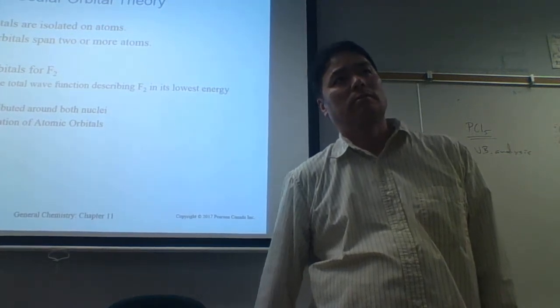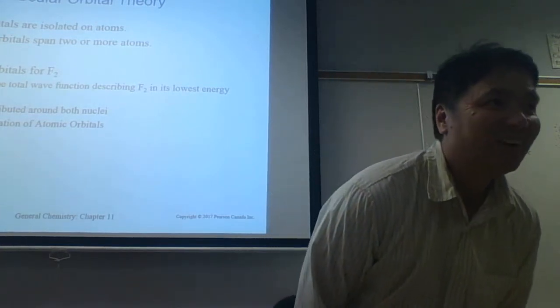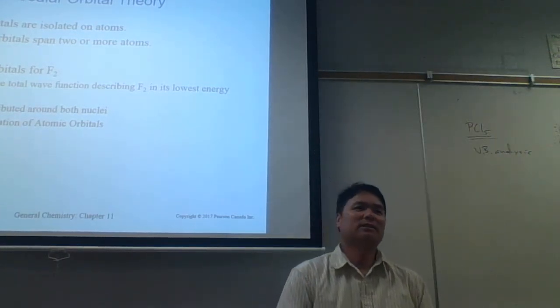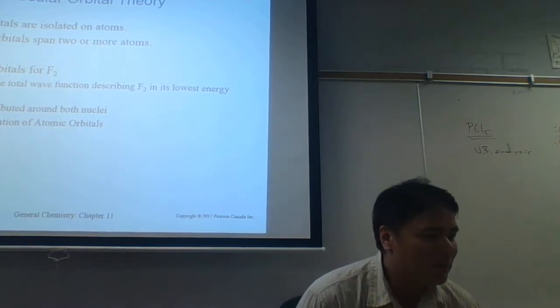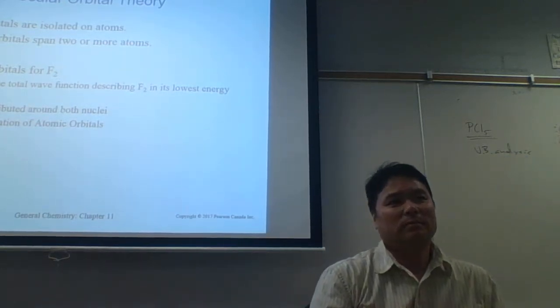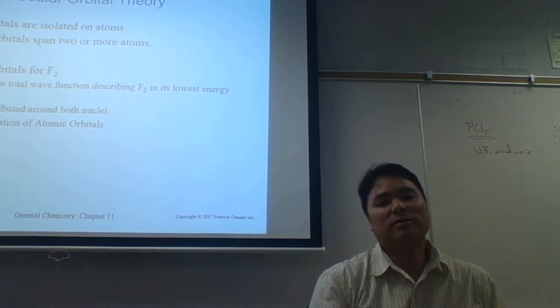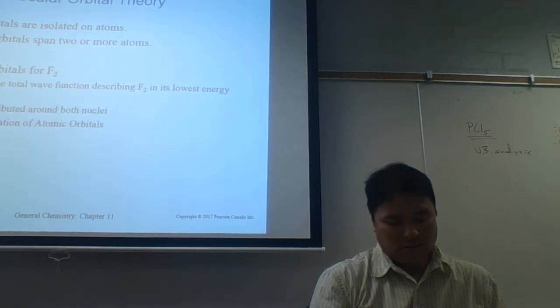Because together they form a figure. No. MO would form a big picture. Valence bond is kind of a blurry picture with some errors. Easy to visualize. Easy to use.